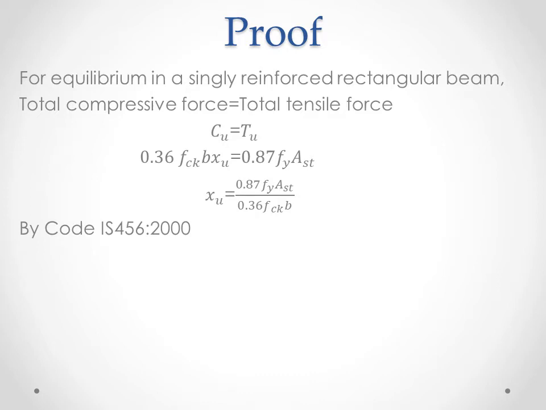So by IS 456-2000, XU by D is equal to 0.87 Fy AST divided by 0.36 FCK B D. So this is the ratio that we'll be using throughout in all the problems that we'll be looking into in this module.